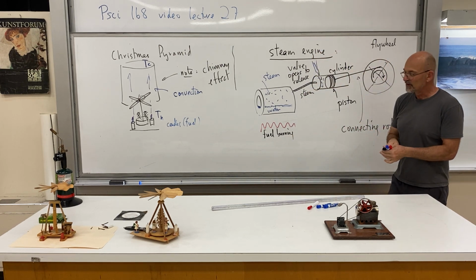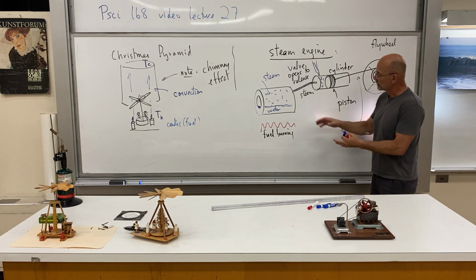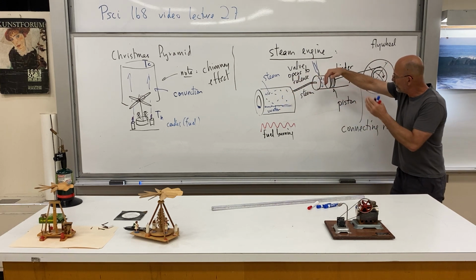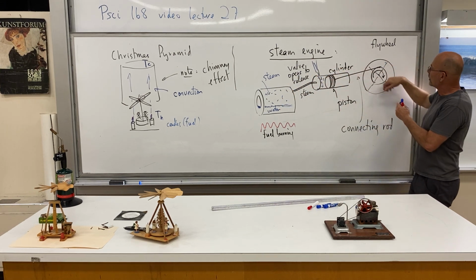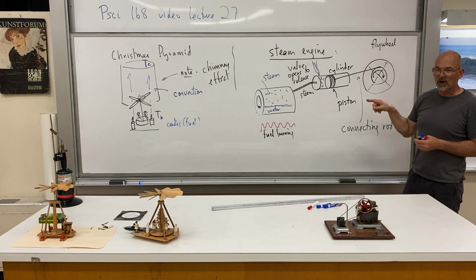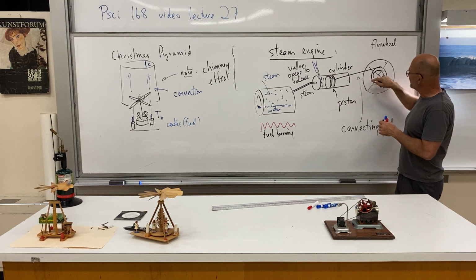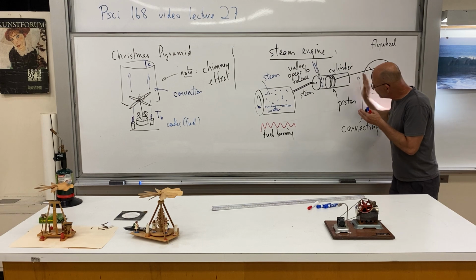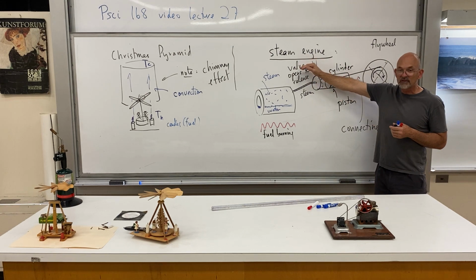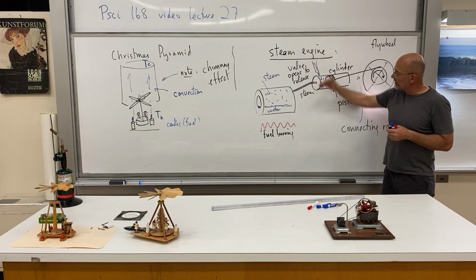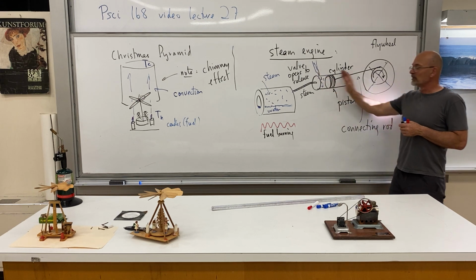And that makes this into a cyclic process. So we have the steam pressure, pushes the piston forward, turns the flywheels, doing work. Then the valve opens and the thing can just spin freely and push the steam out. That's your exhaust. Then the valve has to close and the thing can repeat itself.